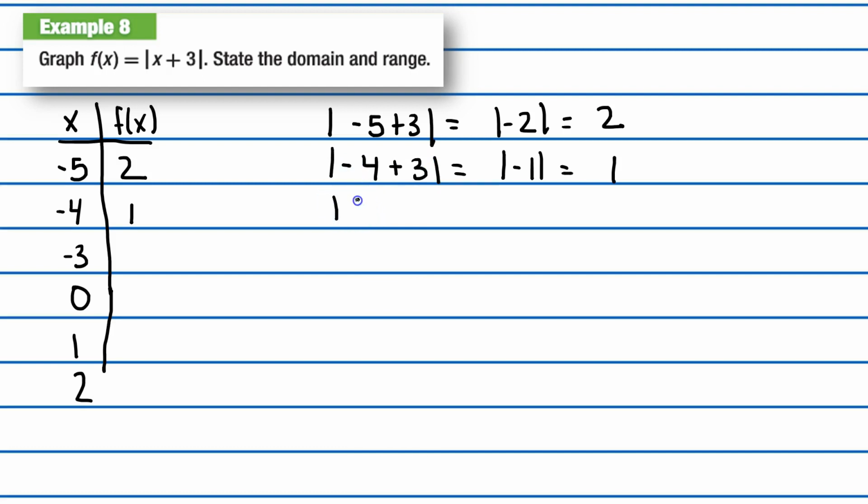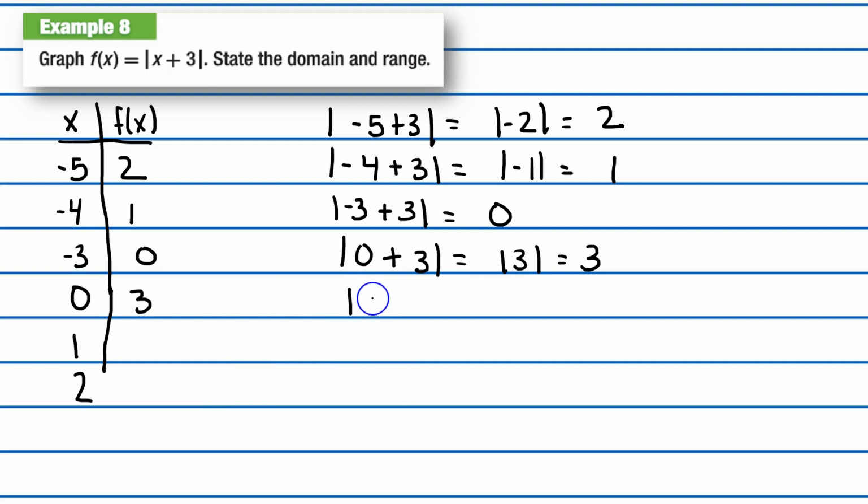Then we have absolute value of -3 plus positive 3, which will give us 0, which will remain as 0. So then 0 plus 3 is equal to absolute value of 3, which is still 3.